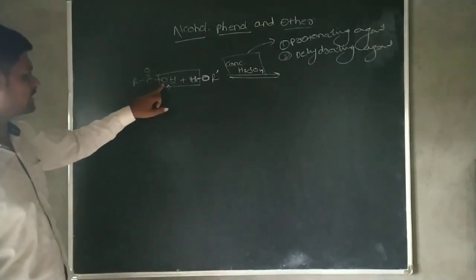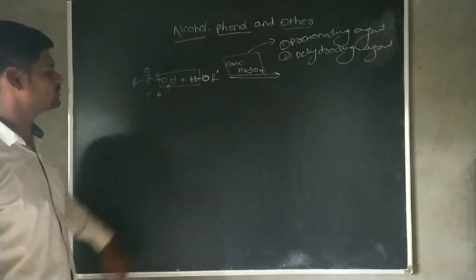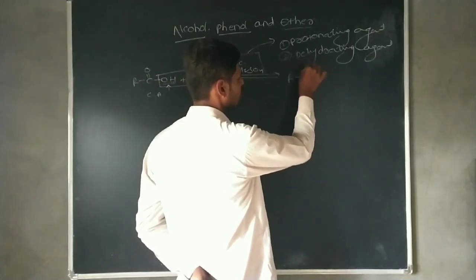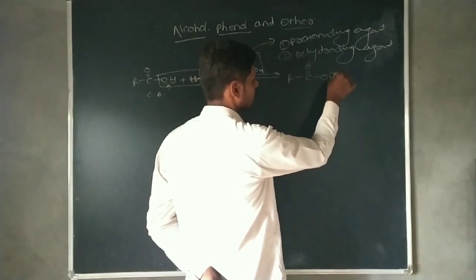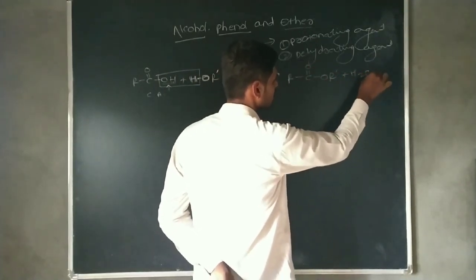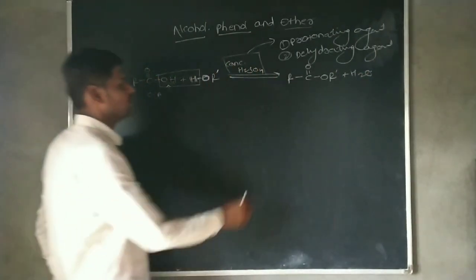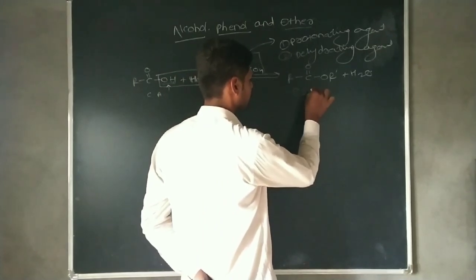Then the carboxylic acid's OH and this hydrogen are eliminated, and there is a formation of ester, C double bond O R dash, plus H2O eliminated. This is a reversible reaction.